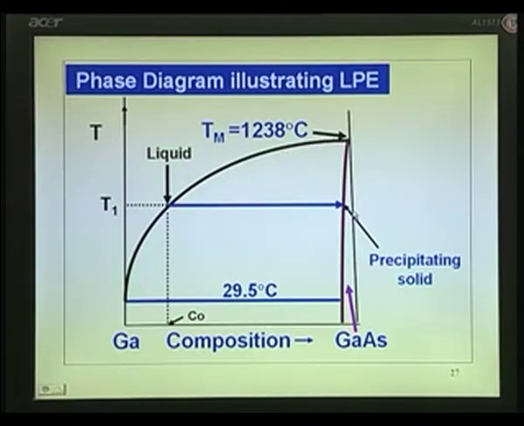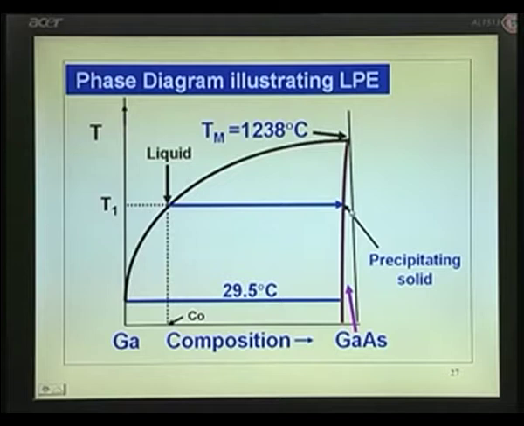Okay. You must understand, and from here you freeze, if you see where the solid is, that is the composition. That means, when you freeze from a temperature like 600 or 700 degrees centigrade, the freezing solid is nothing but gallium arsenide with that composition. That is close to stoichiometric.